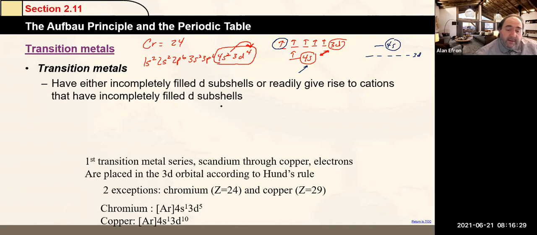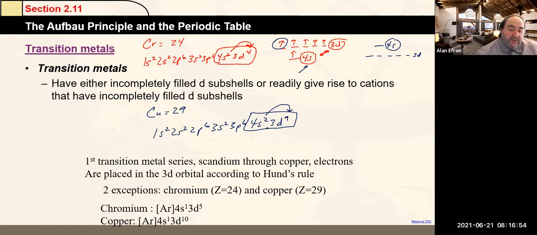Copper, pretty much an identical exception. Copper, which is 29, does the exact same sort of thing. Again, if you were to follow that zigzag guy to get the electron configuration, you would end up with something like this. Same area where we see the exception.